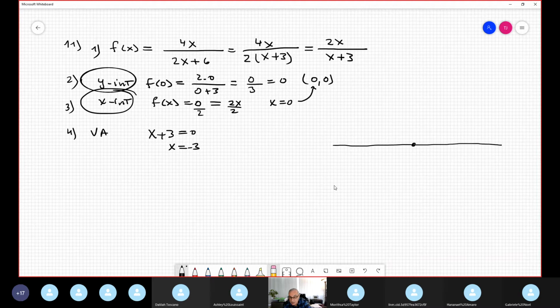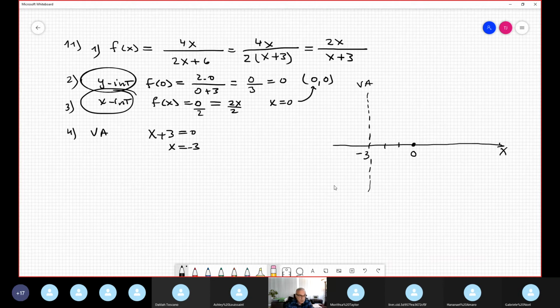We have one point, (0,0), and at x equals -3 we have the vertical asymptote. This is the x-axis. I don't care about the y-axis for the moment.